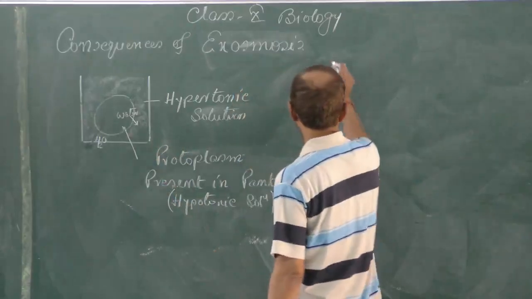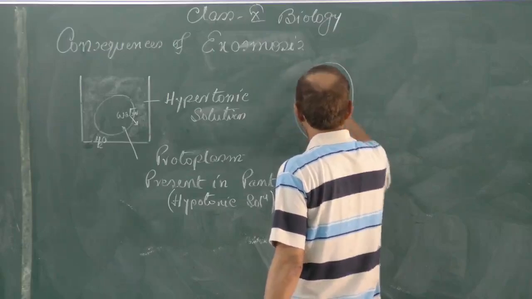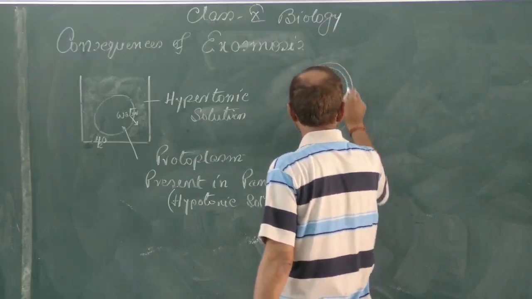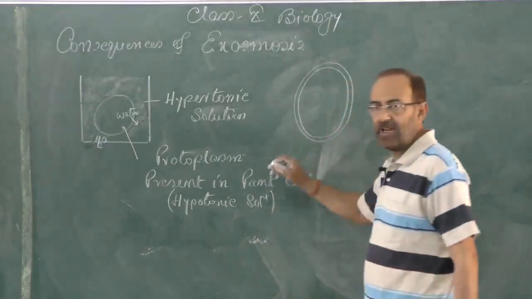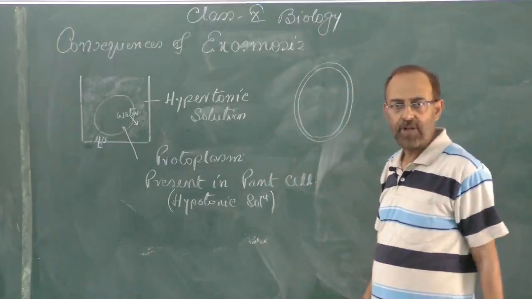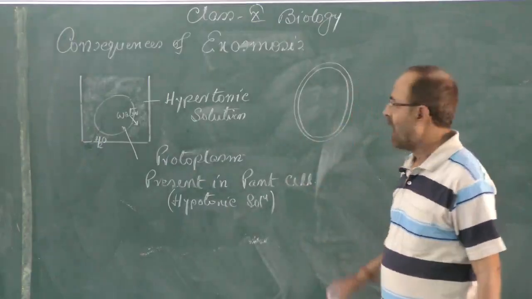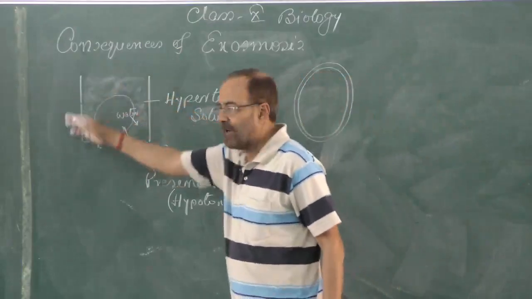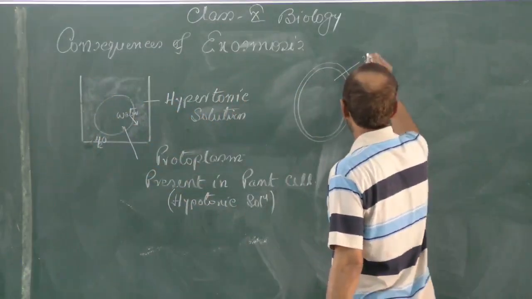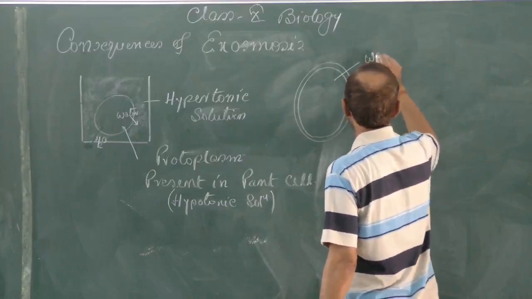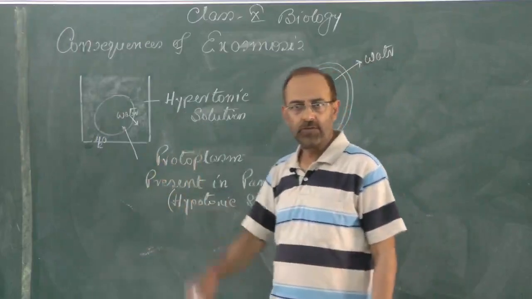So, now go back to the same diagram. Initially, before starting this experiment, if you see the cell under microscope, you will definitely find a gap between cell wall and the plasma membrane. Clear? Now, what is happening in this medium? The water is moving out.